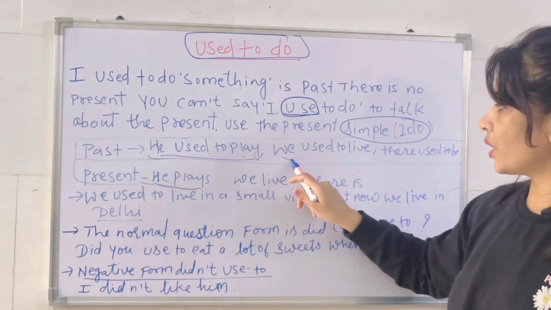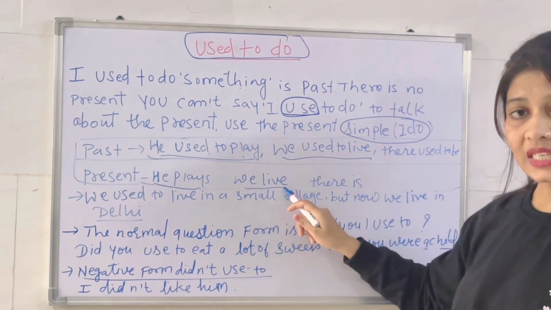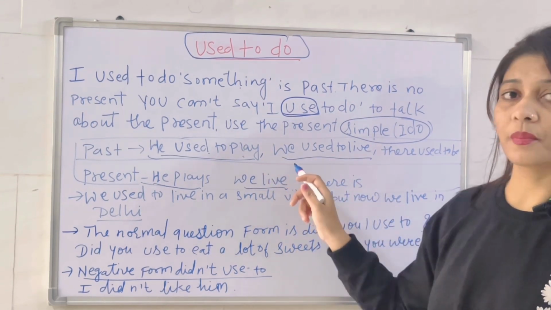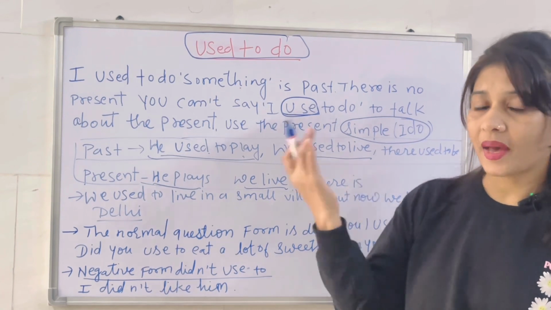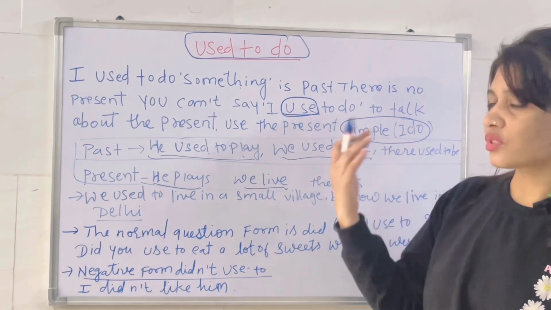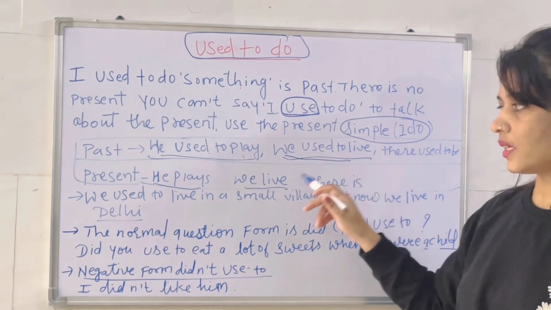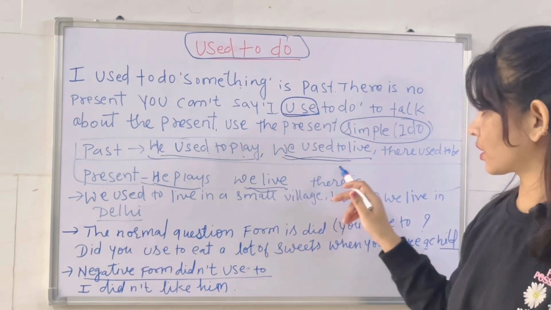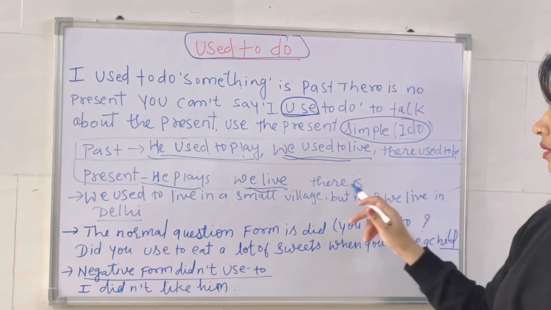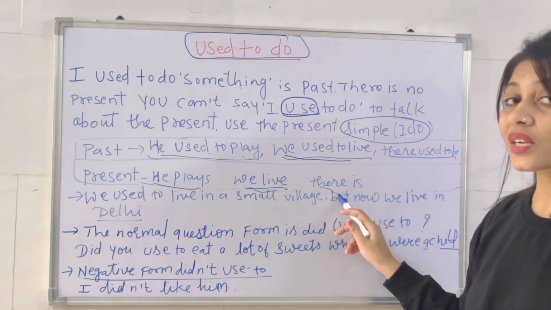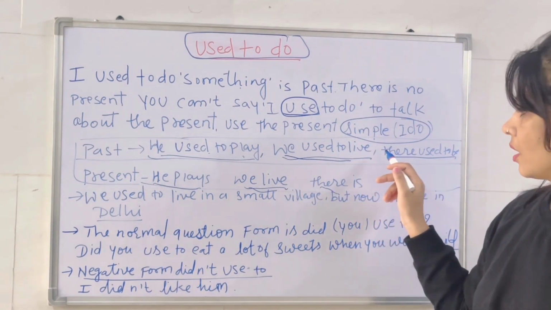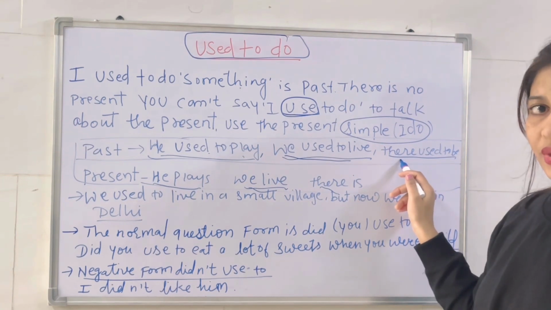We used to live, we live. If you're talking about the past, something happening but not regular, you use "we used to live", but here we use "live". There used to be, but here there is. What comes in present? There is, but in the past, there used to be.